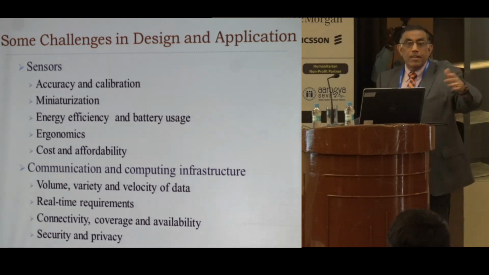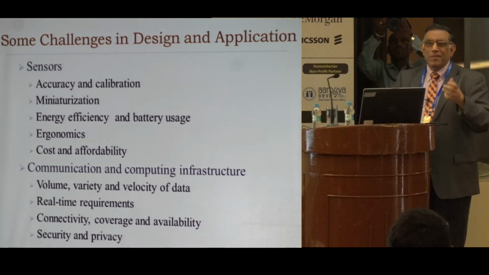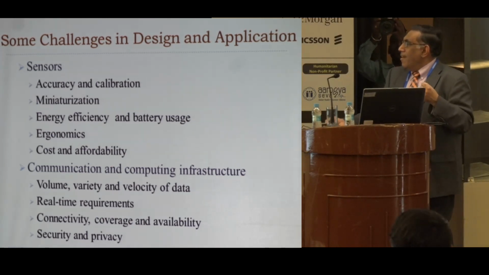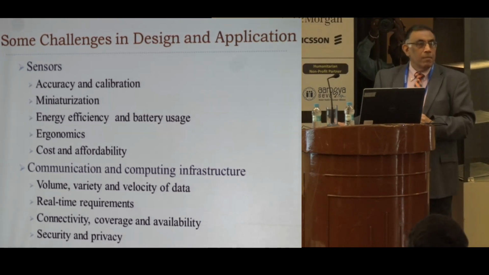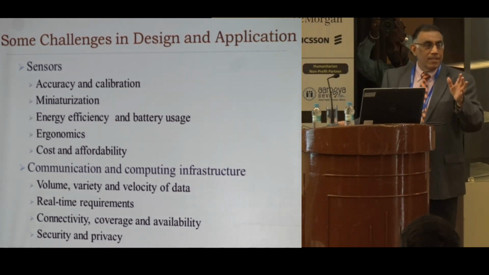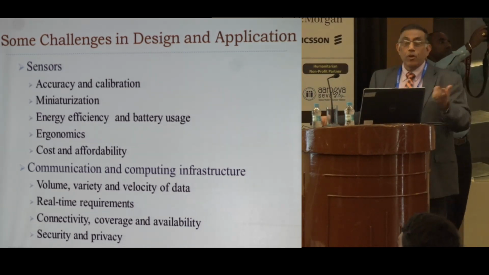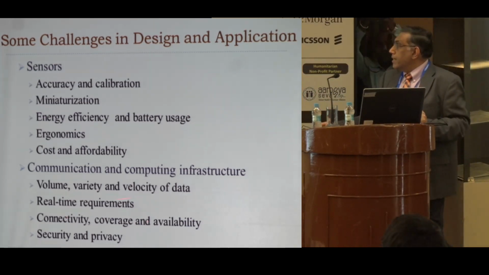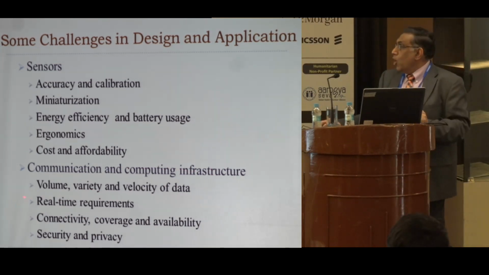There was one question earlier about the cost of some system, 1 lakh or whatever. If it's going to be expensive, then maybe some rich people can use it. But if you have to get it to the masses, which is a large number, then it has to be affordable. Communication and computing infrastructure. As we discussed, a lot of volume, variety, and velocity of data.